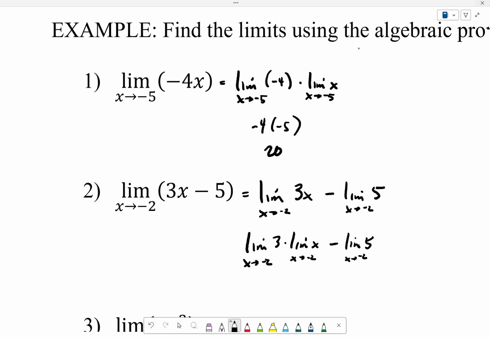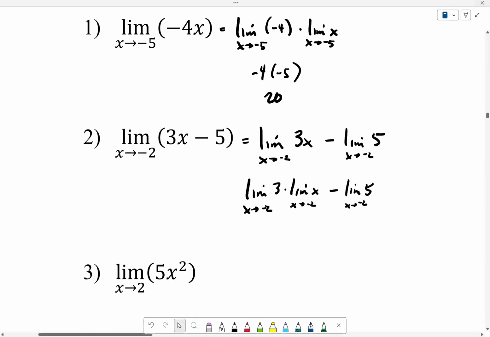Do you know how to do each piece of this? Yes. I think this first limit is 3. The next limit is -2. And that last one is 5. So -6 minus 5 gives us -11. I know. It's incredible.